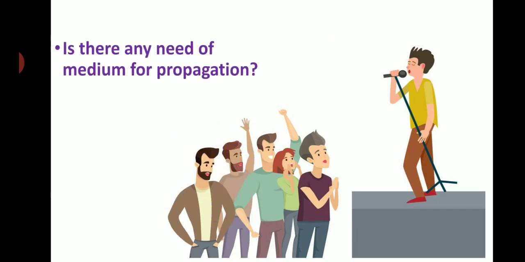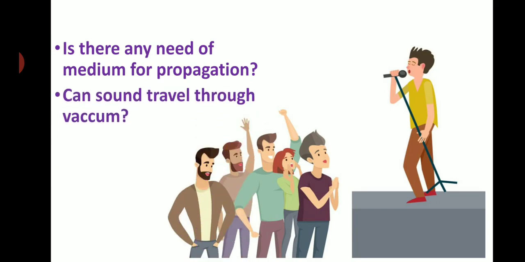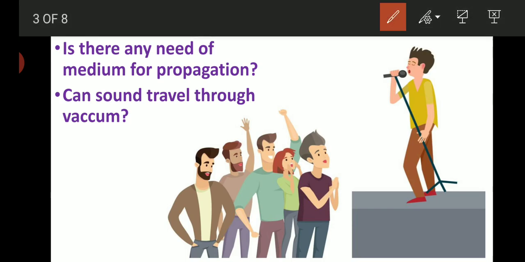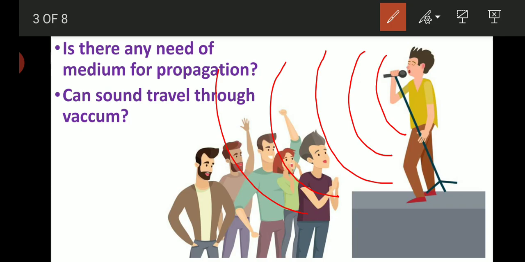Does sound really need a medium for propagation, or can sound travel through vacuum? So how does sound propagate? Here one person is singing and the audience can listen to his voice, and the sound from the singer reaches the audience.